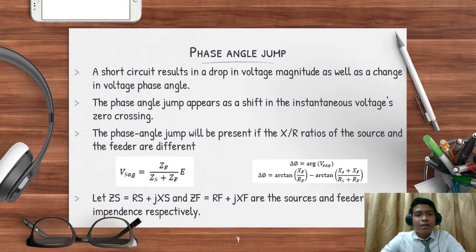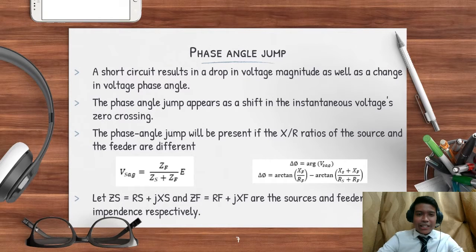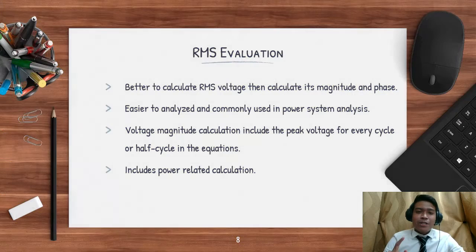The phase angle jump in the voltage is thus provided by the formula below. There is no phase angle jump if XS divided by RS equals XF divided by RF. However, if the X over R ratio of the source and feeder are different, the phase angle jump will be present.